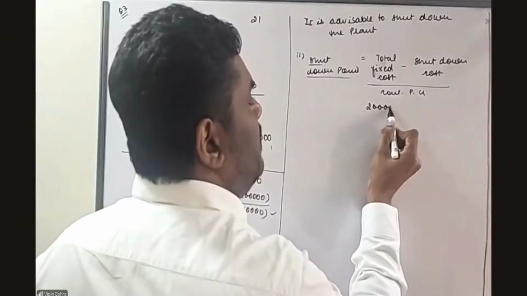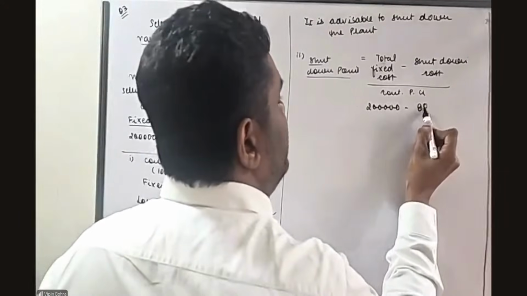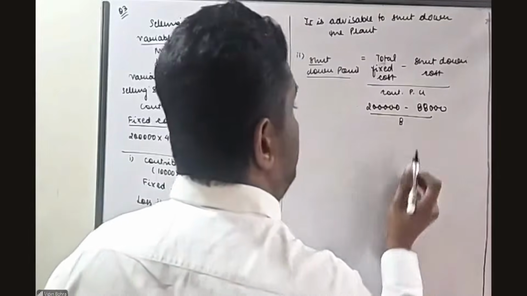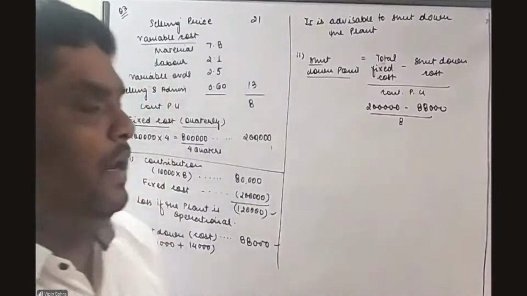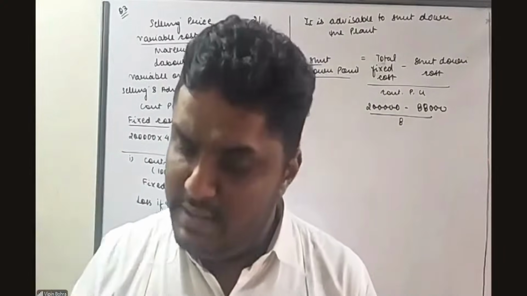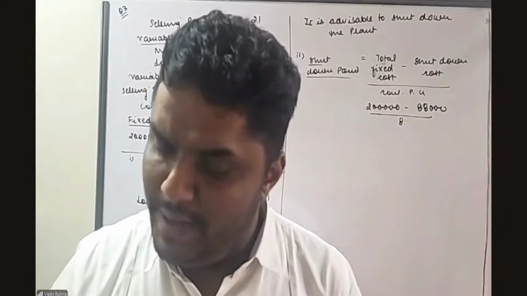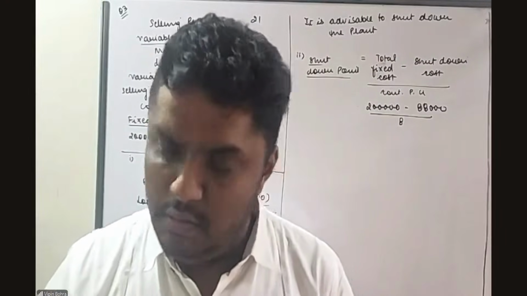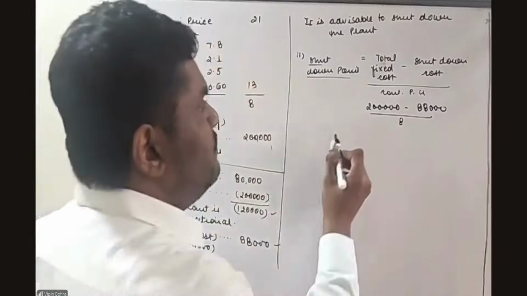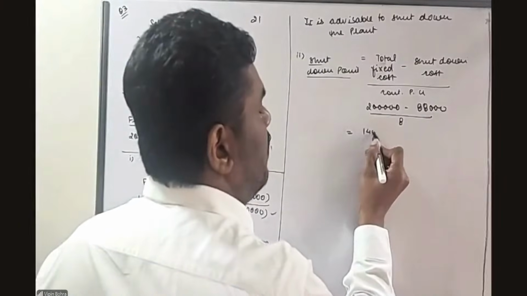So 2 lakh minus 88,000, whole divided by 8. How this formula is derived, I have already discussed in detail in my regular batch. So this will be 14,000 units.